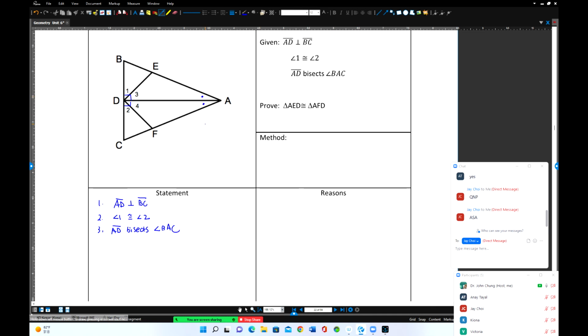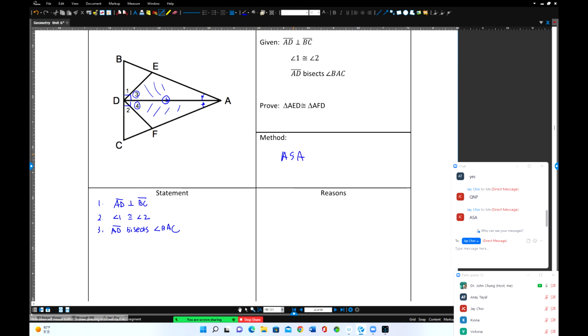So we have to prove triangle AED and the other triangle are congruent. From the perpendicular, this angle 3 and the other angle must be congruent. We already have another angle congruent. And this side is reflexive. We can go angle, side, angle.